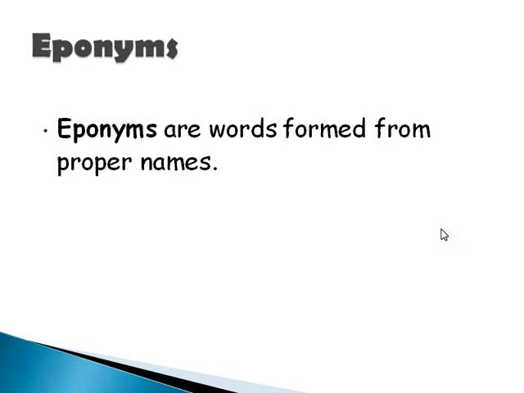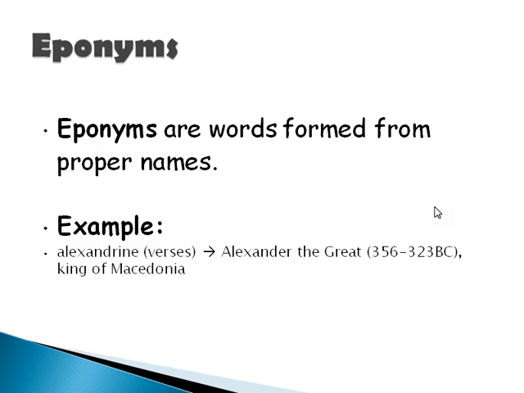Eponyms. The next class of words are eponyms. Eponyms are words formed from proper names. Okay. Examples. Alexandrine. It comes from Alexander the Great. We have the Alexandrine verses, which make a reference to Alexander the Great. Marxist comes from Marx.